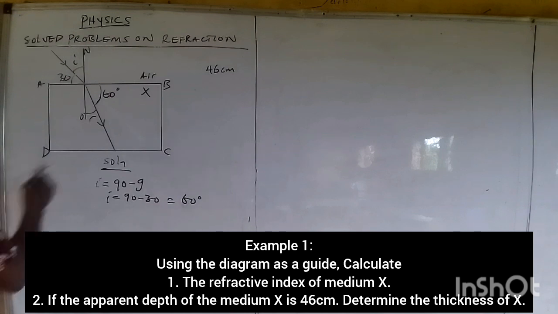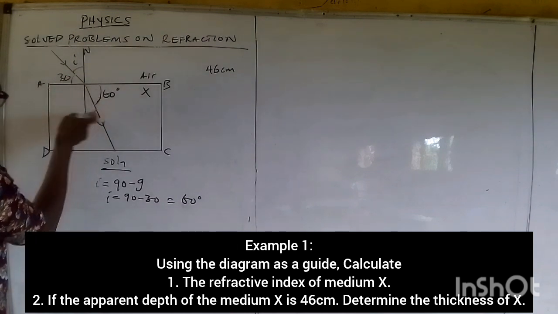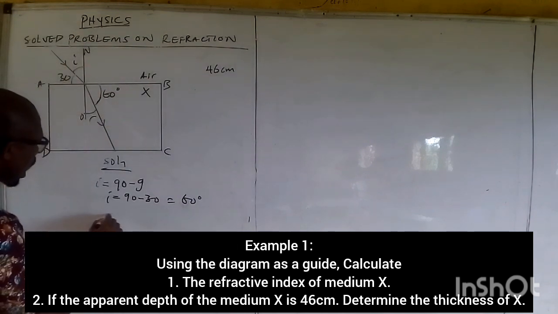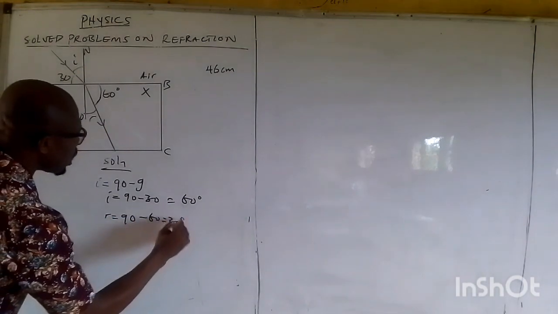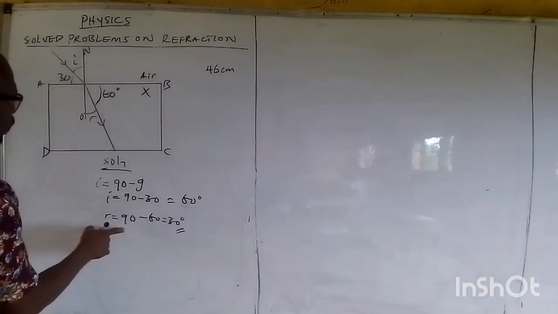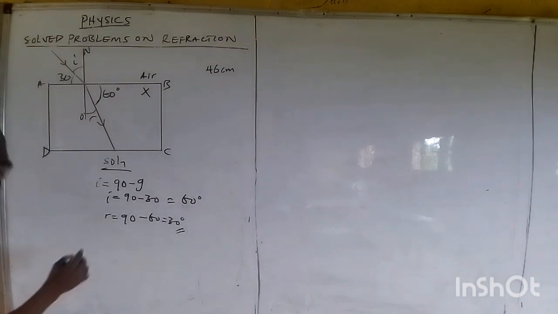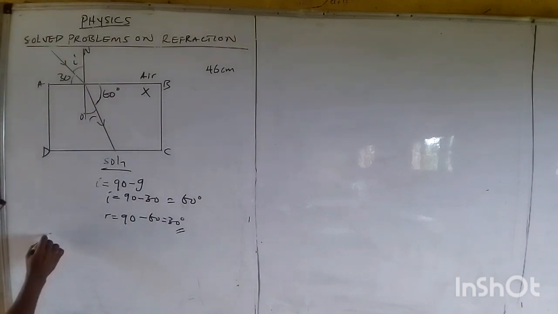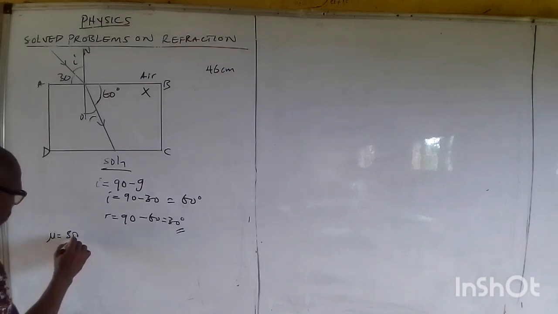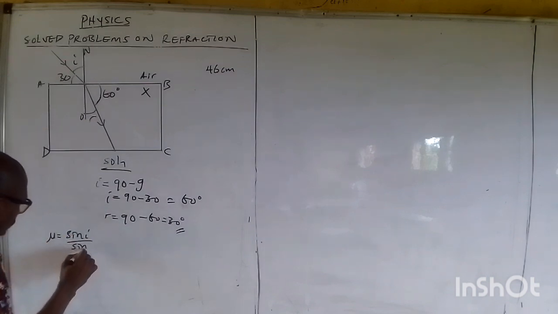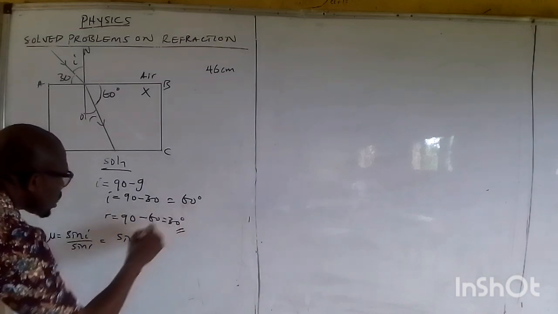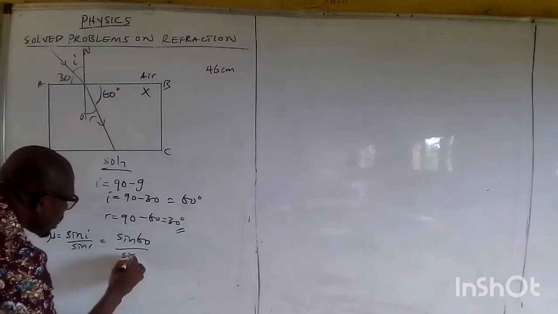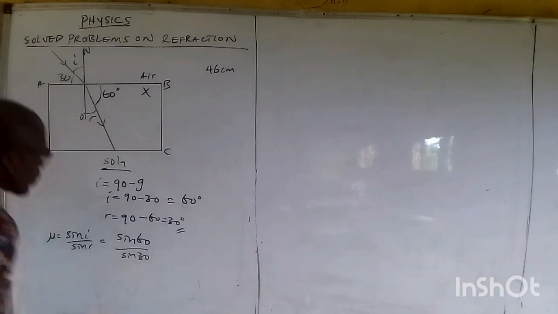Now, for the angle of refraction, we do the same thing here. R is equal to 90 minus 60 degrees, which gives us 30 degrees. So, angle of refraction is 30. We can now say refractive index is equal to sine I all over sine R, which is sine 60 over sine 30.